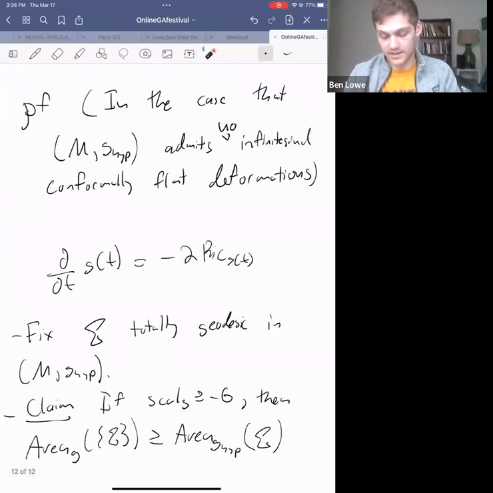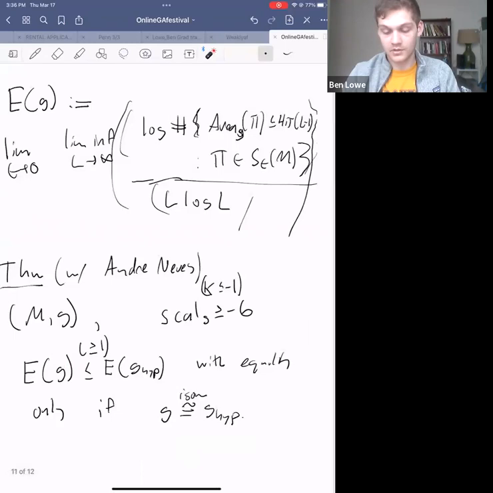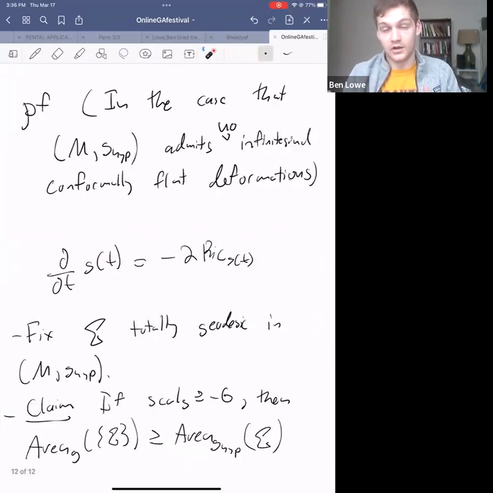This inequality is going to be true for the general surfaces sigma in S epsilon of M, but up to an error that goes to 0 as epsilon goes to 0. That would be a factor like 1 plus big O of epsilon in front of this or something.